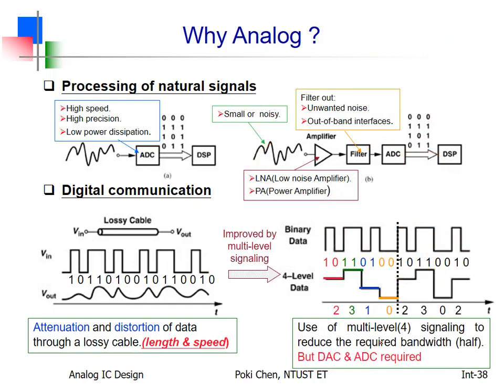All right? After such amplification, if the signal becomes large enough, then we need another block called a filter. What is the function of a filter? Very easy. To take anything you dislike off, and only preserve something you need. That is a very easy concept for a filter.